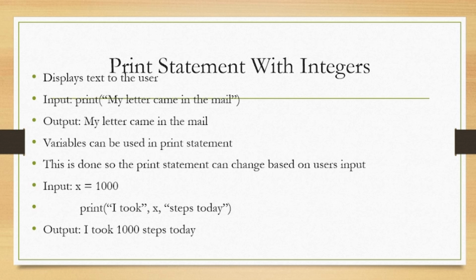But as soon as you want the variable in, make sure to put a comma, the variable, and then you can put more after that by putting another comma and more quotation marks. So "I took x steps today" would output "I took 1000 steps today," because x is equal to 1000.